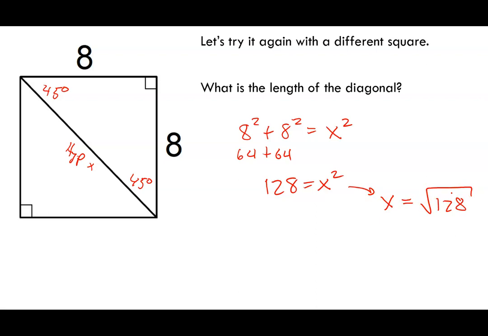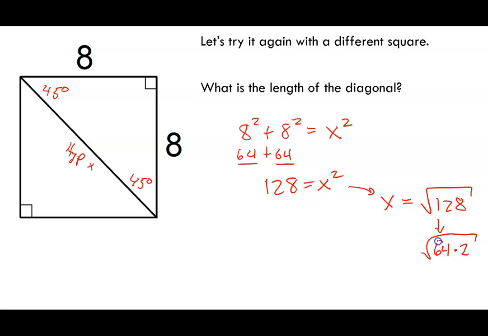Now this one's a little bit tougher, but once again we want to try to simplify the square root of 128. So what can 128 be broken up into? Well, if you look back at what we did over here, 128 was literally just 64 plus 64. So that means that 128 could be represented as 64 times 2.